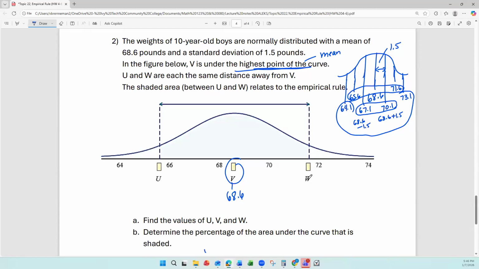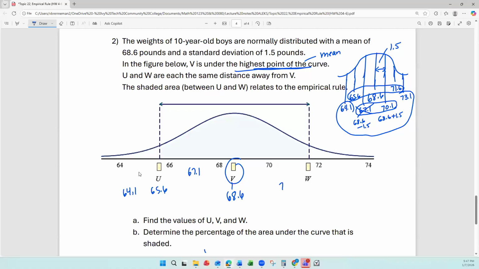So the one on the left needs to be between 64 and 66. So that eliminates, it can't be the 67.1 because that would be over here somewhere. And it's probably the 65.6 because 64.1 would be way over closer to the 64. But we can check the other side. So it needs to be between 70 and 72.